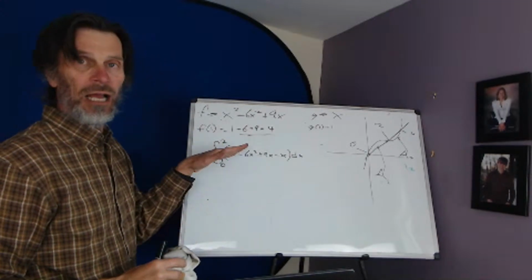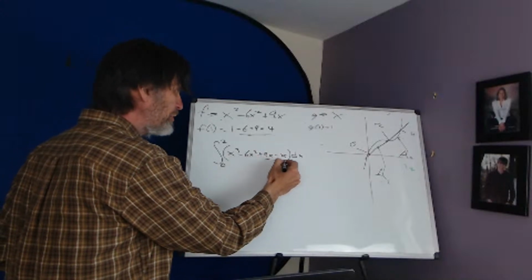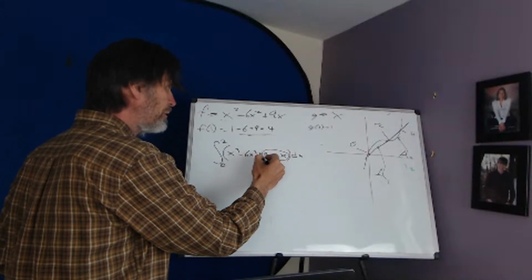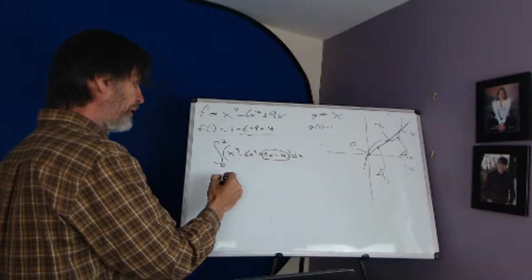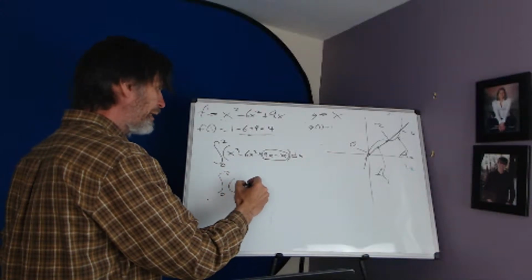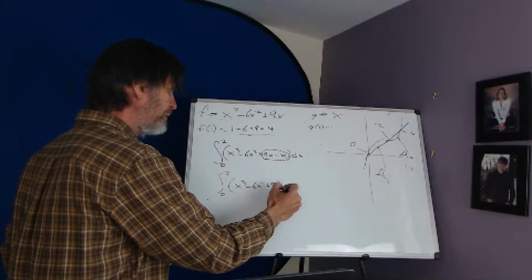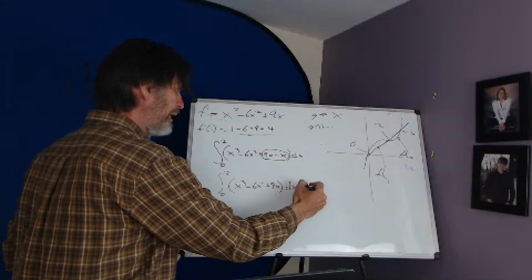Now, before I do the definite integral here, I'll certainly combine those like terms. So I'm thinking instead it's going to be the integral from 0 to 2 of x cubed minus 6x squared plus 8x dx.